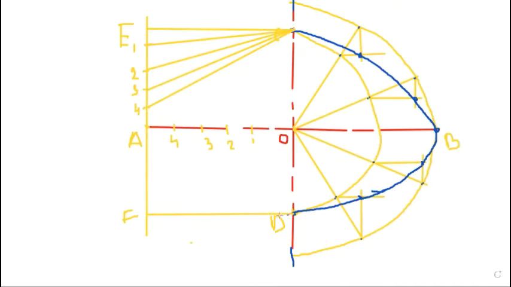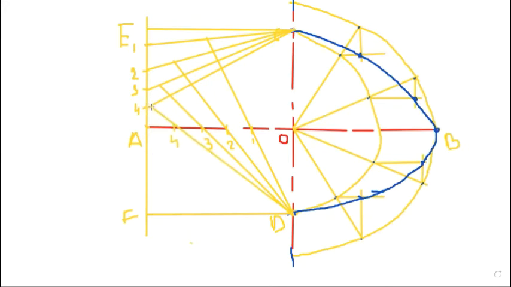Then from D, join with this point 1 up to the C1 line. Similarly, join D with 2 up to the C2 line. Then D with 3 up to the C3 line. And D with 4 up to the C4 line.